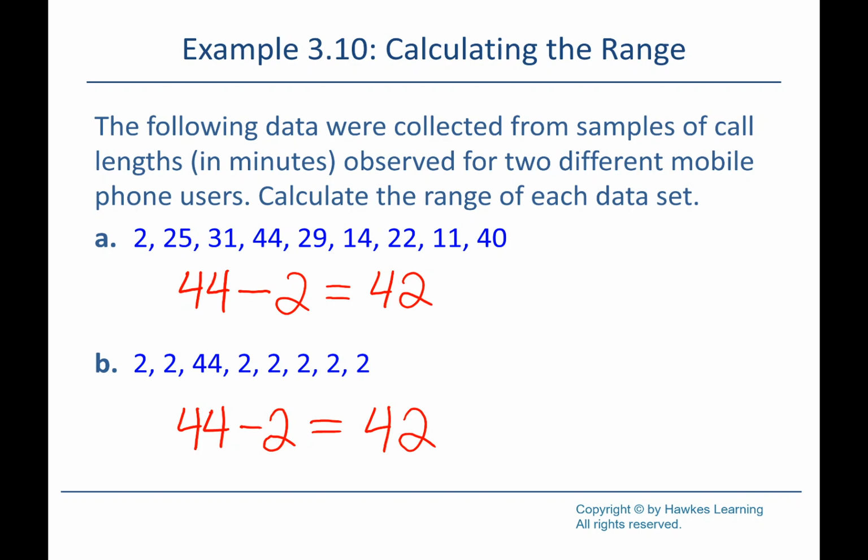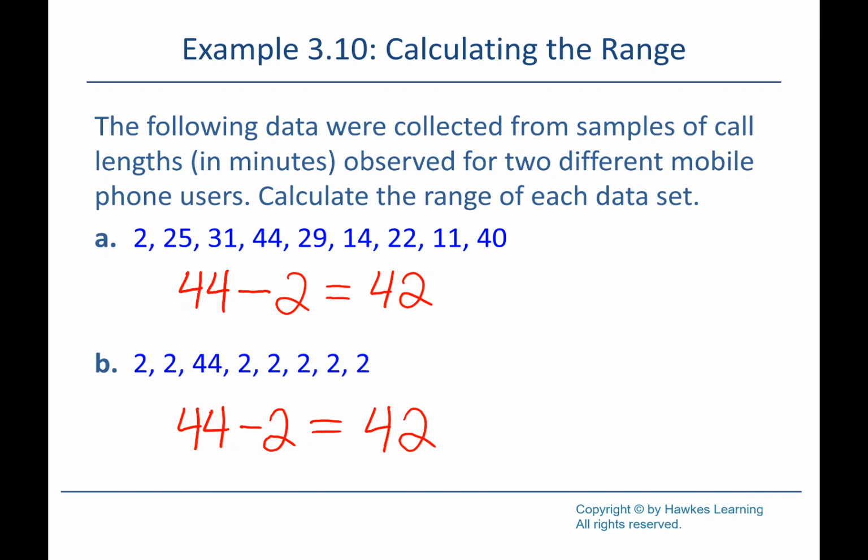So the point of this one, okay, range is really easy to calculate, but if you look at those two data sets, if we're coming up with a measure of dispersion, you would think if two data sets have the same measure, the same number for how spread out they are, that they would look really similar when you look at the data values. But if we look at these two data sets, they don't really look like they're spread out in the same way.